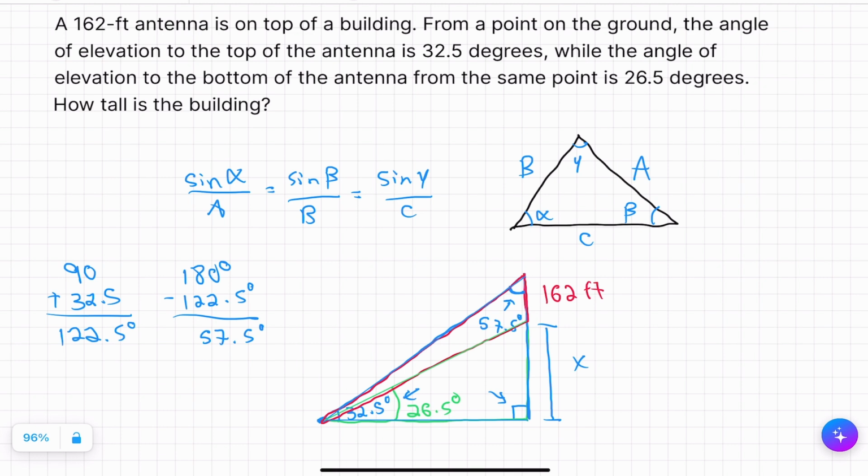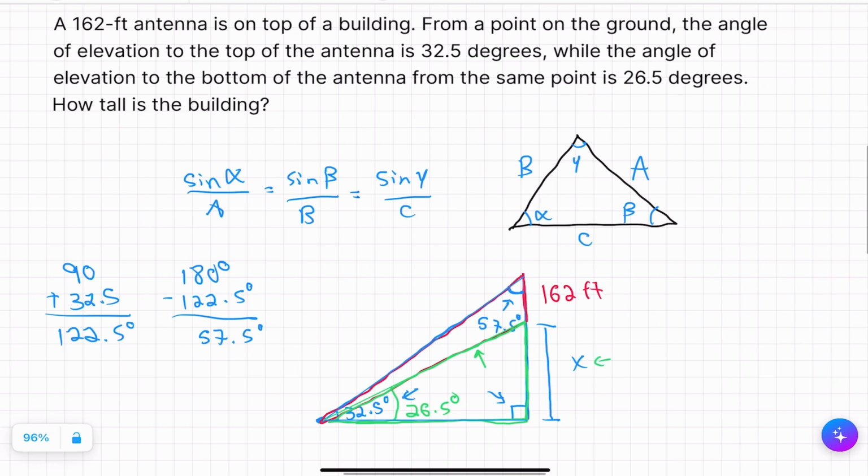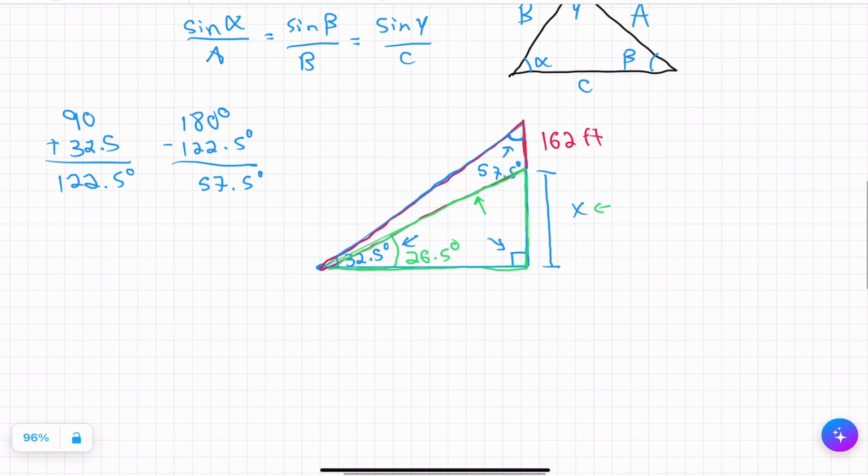We're going to use that third triangle that we just formed and use it to solve for the hypotenuse of our smaller right triangle formed by the smaller angle of elevation. Because if we can solve for that hypotenuse, then we can solve for this building height. So let's go ahead and use the law of sines in order to solve for that hypotenuse. But first, we need one more piece of information.